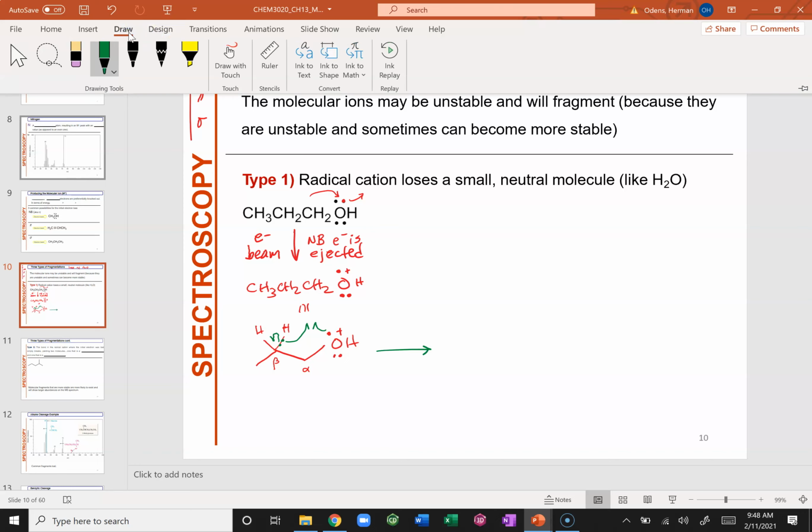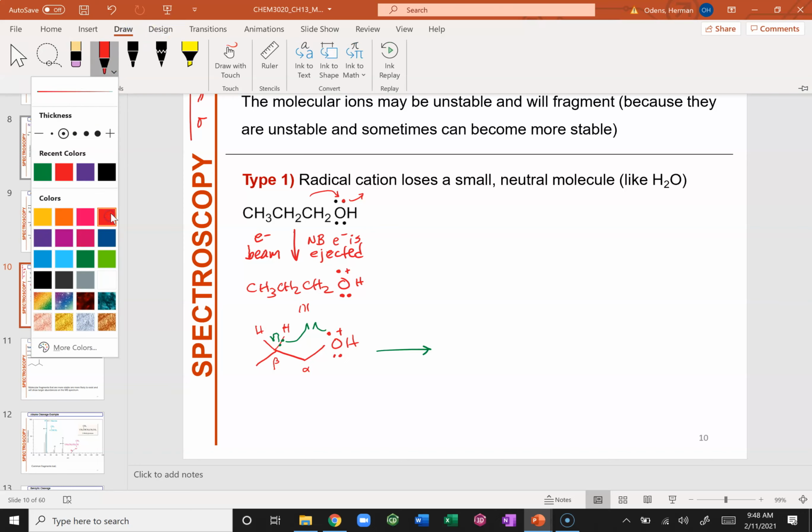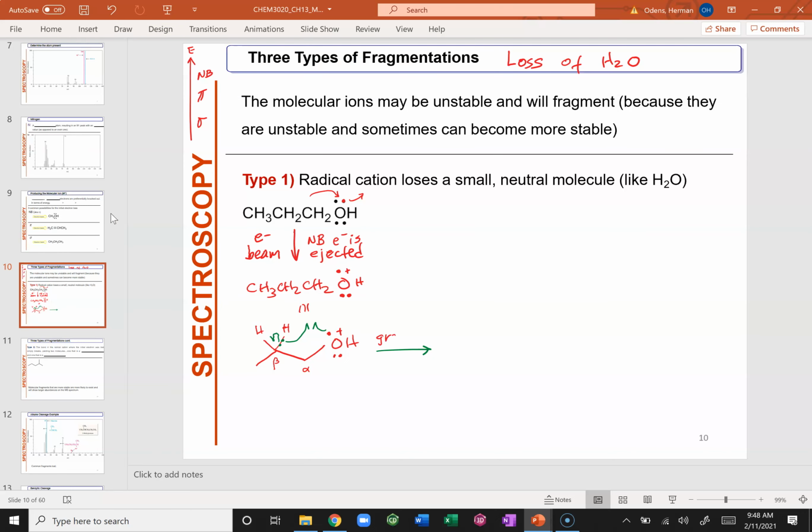For this molecule, the oxygen grabs a hydrogen, and then you form a plus radical, or a cation radical. So here you have this. You form a new bond. This is the new bond that you form, and so you have a radical here now.